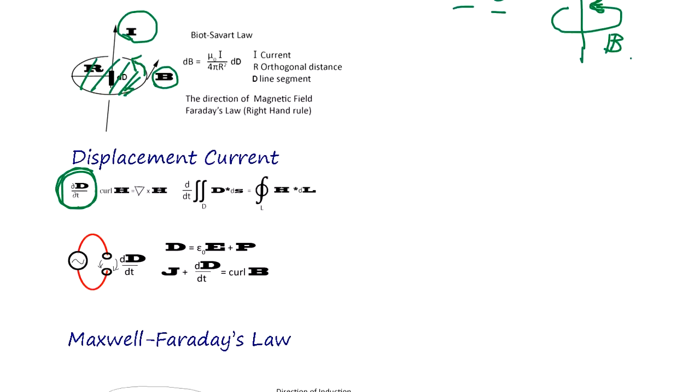When you apply an alternating voltage source to the capacitor, current flows although they are not connected. The reason is you charge up, and the next moment you discharge and go to the opposite, and the next moment you repeat that. So the AC means the time variation of D flux.